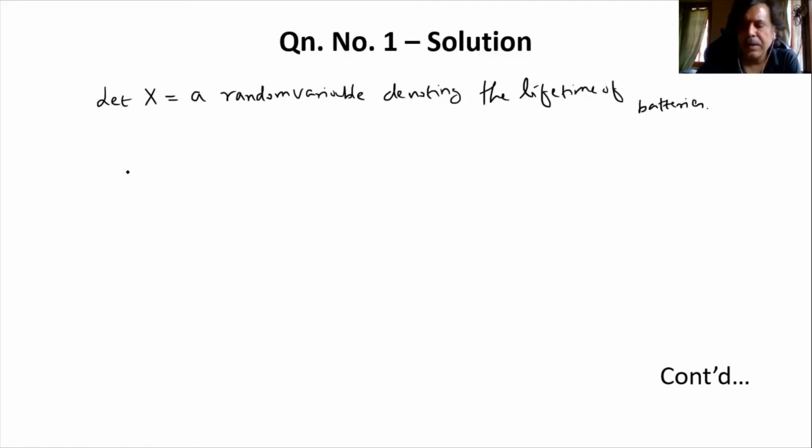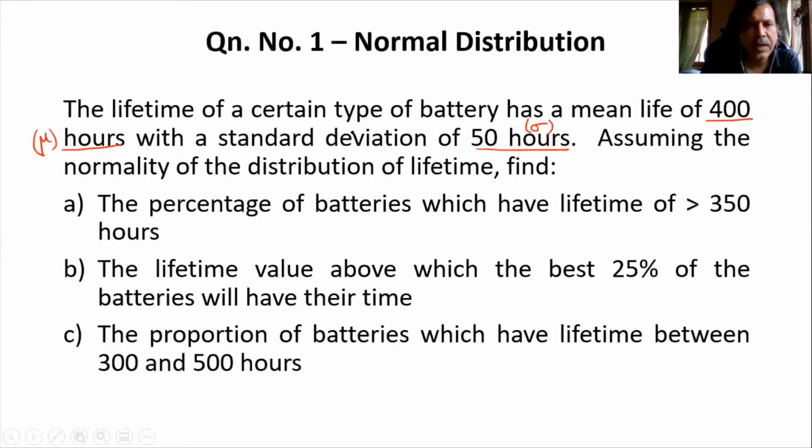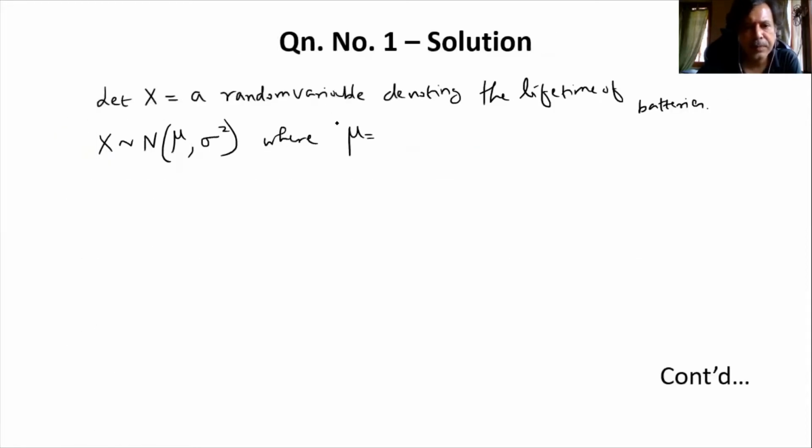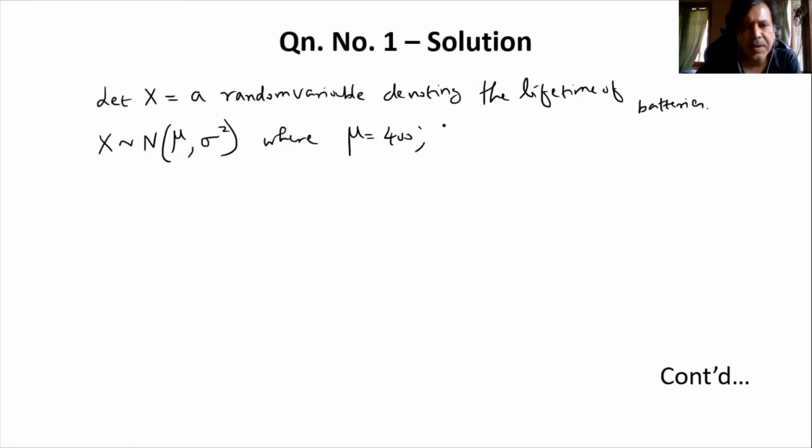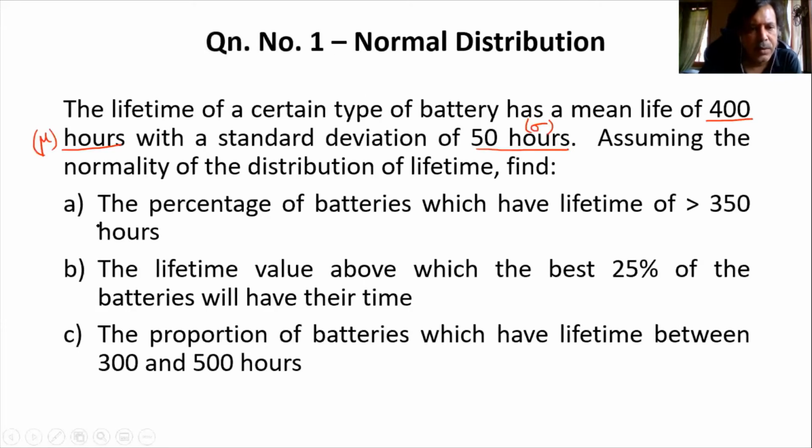Now the question says that X is following a normal distribution with some mu and variance sigma square, where we already know mu is given in the question as 400 hours and the standard deviation is given as 50 hours.